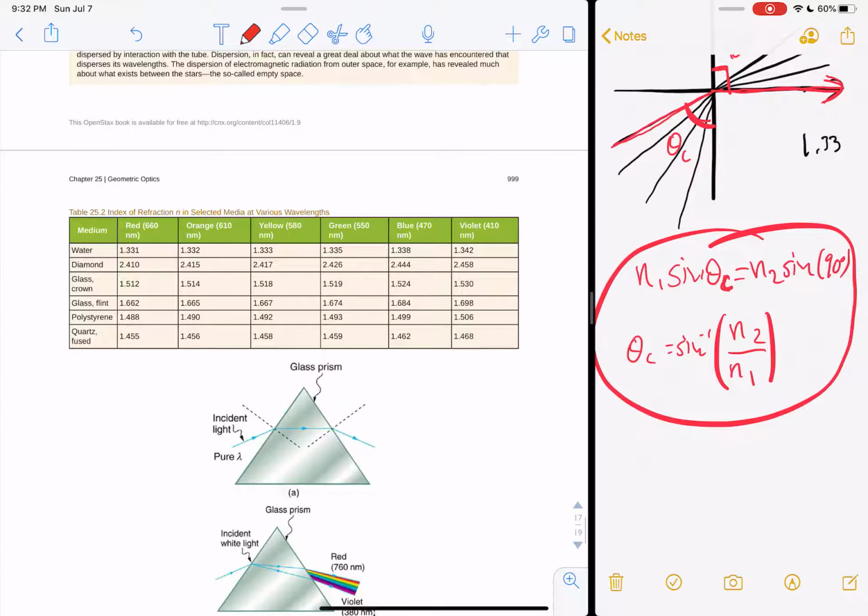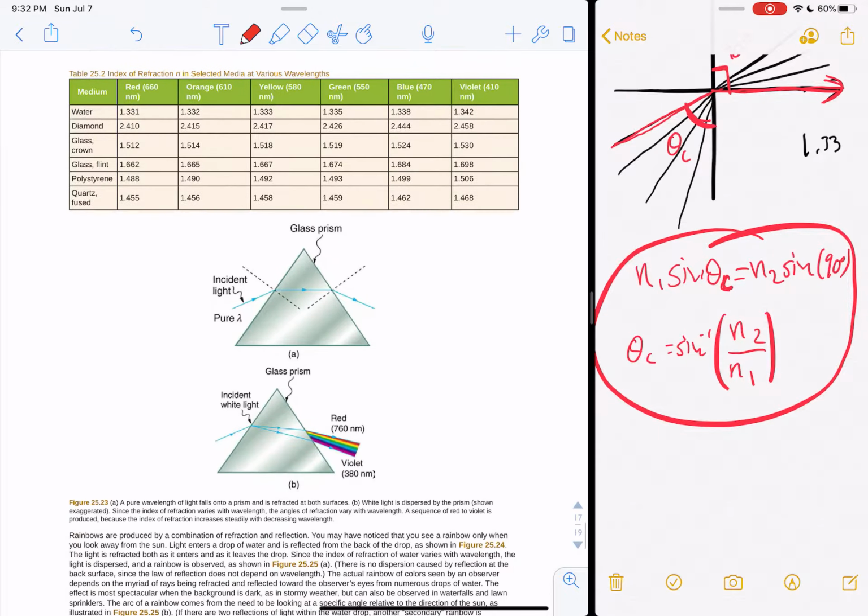And you can see that the index of refraction for red, orange, yellow, green, blue, violet is 1.331, 1.332, 1.333, 1.335, 1.338, 1.342. So you can see they're very small changes to the index of refraction for these different materials.